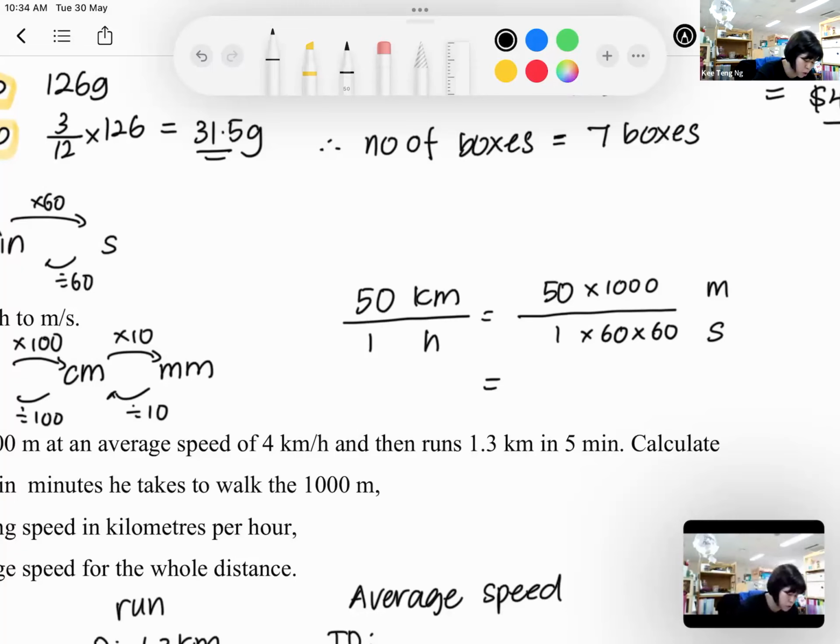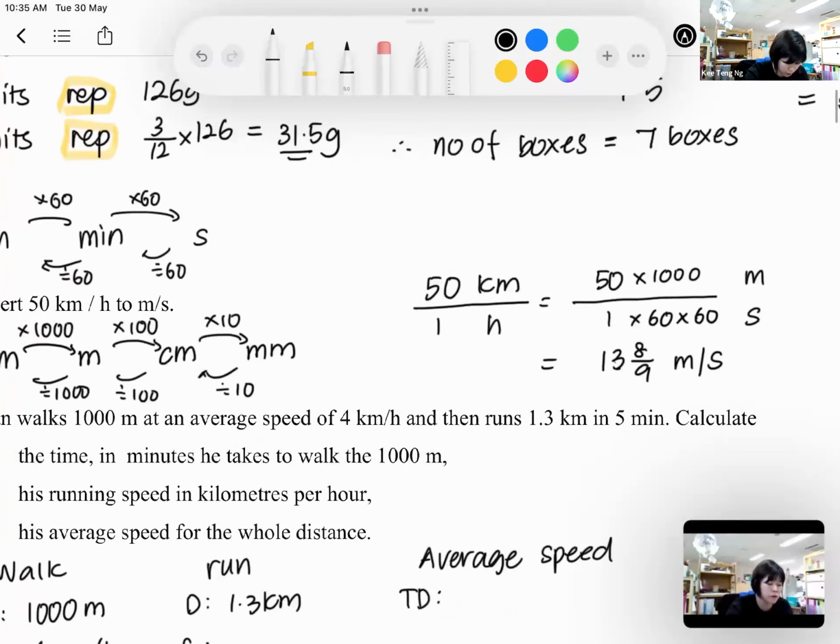Okay, so this one will be 13 8/9 meters per second, as accurate as possible. If you really want to write in decimal place, then it'll be 3 significant figures. But sometimes the decimal place, if you use the answer for the next part, it may not give you an exact answer. So usually I prefer a mixed number or fraction.